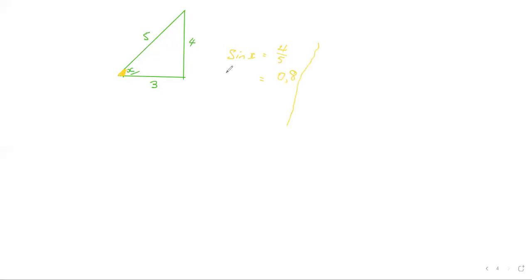Now, sine of X is 0.8, therefore X is equal to the arc sine of 0.8.